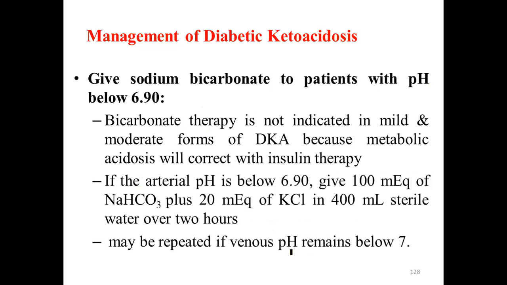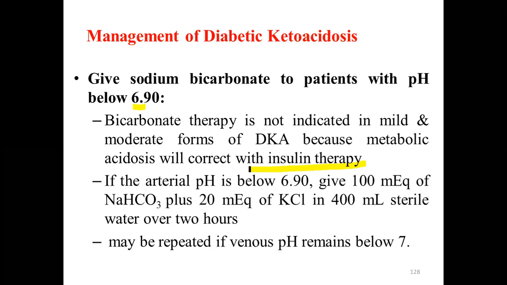Then, these patients also have acidosis. In case of mild condition, when the pH level is above 6.9, don't give bicarbonate therapy. Why? Because the insulin therapy alone will resolve the acidosis.